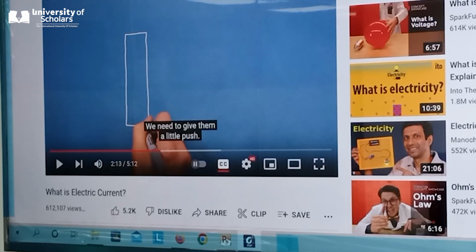So there is a flow of electrons in one direction, but the conventional flow of current is in the opposite direction. So this is how basically the electricity flows. Okay, the current flows. বুঝতে পারছো তো?